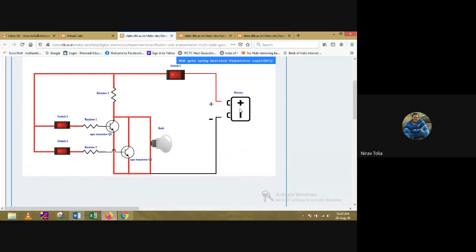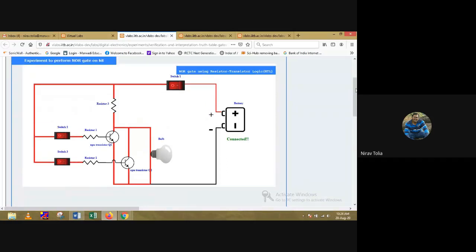Okay. So connect the battery. Now what is the truth table of NOR gate? You can say it is the reverse of OR gate. So what is the truth table of OR gate?